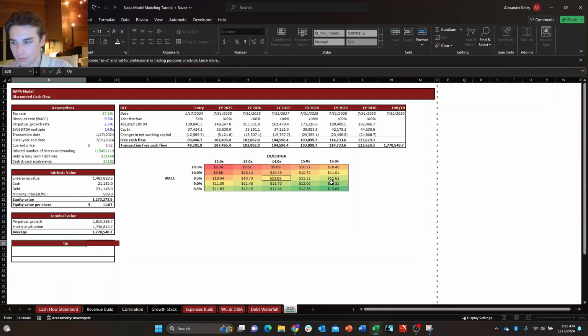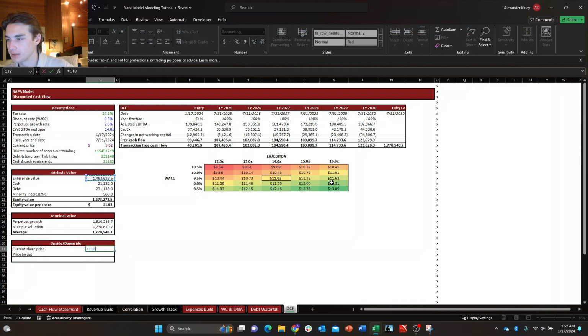So, upside downside, so current share price and then price target.